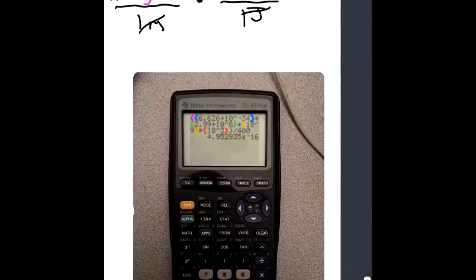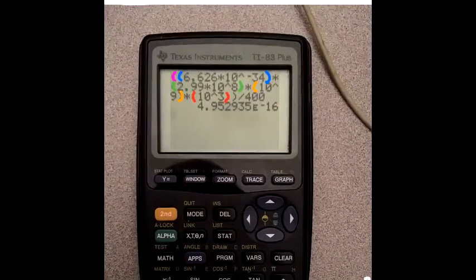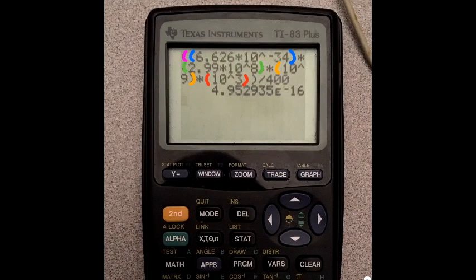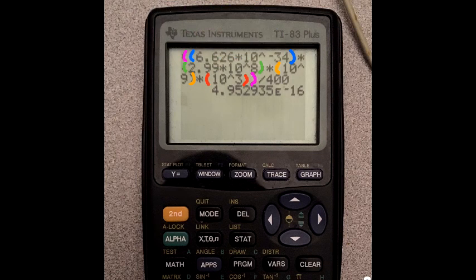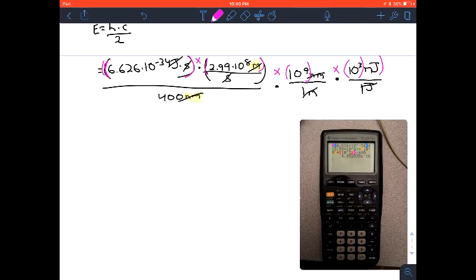Millijoules. Yeah, millijoules. Another set of parentheses. This last parentheses is to close out the entire thing, divided by 400, and you come up with 4.9529, yada yada yada.